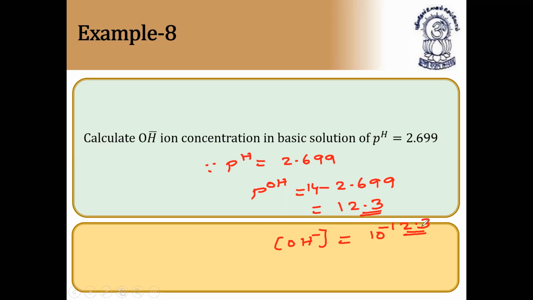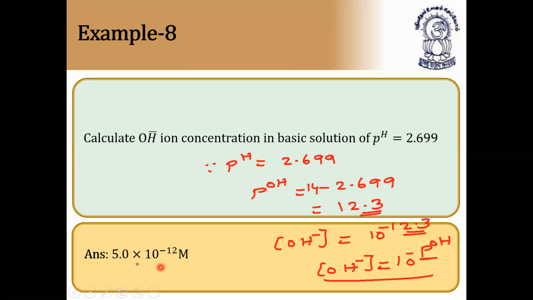Because concentration of OH is equal to 10 to the power of minus pOH. Since pOH value is given as 12.3, 10 to the power of minus 12.3 is the answer. And for this, after calculation, generally they'll give an easy question. So 5 into 10 to the power of minus 12.